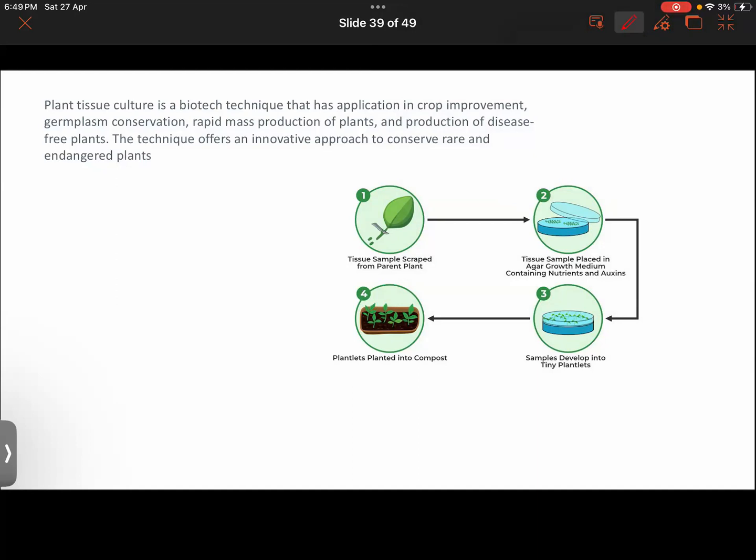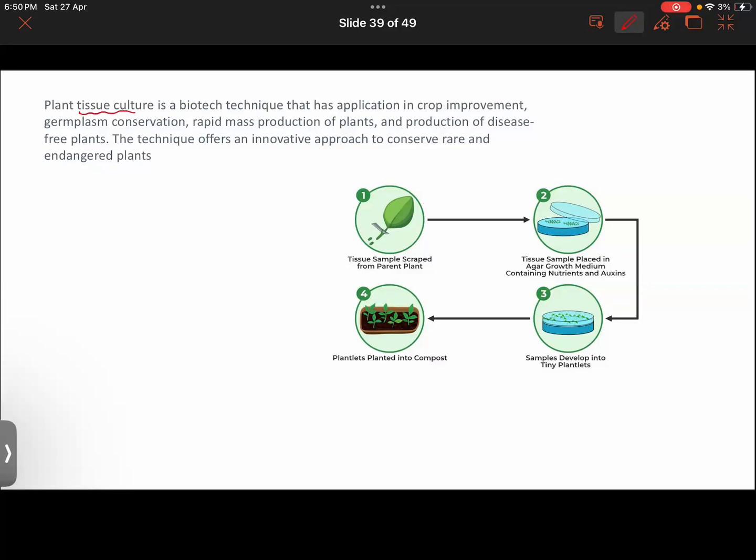Plant tissue culture is one of the ways to conserve the plants. You see that the number of so many plants, and not just plants, certain kinds of animals are also decreasing day by day. So one of the effective methods is to do tissue culture.